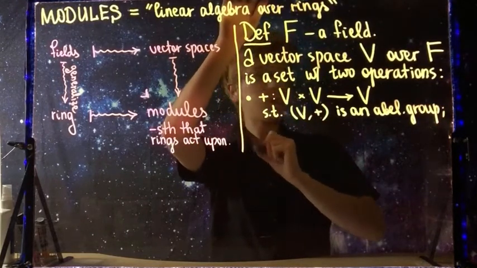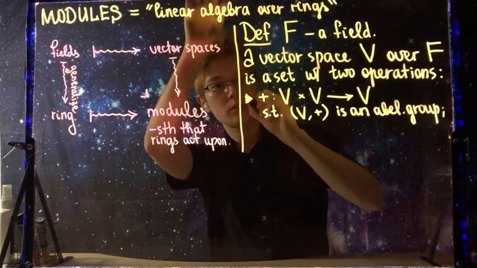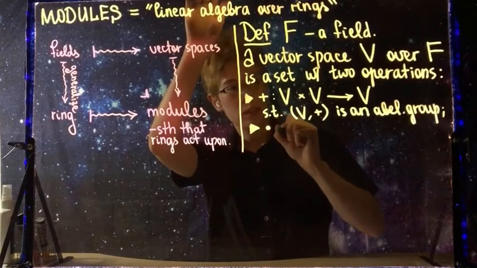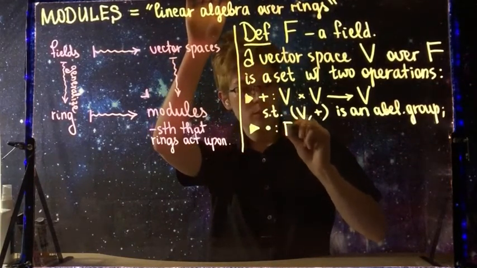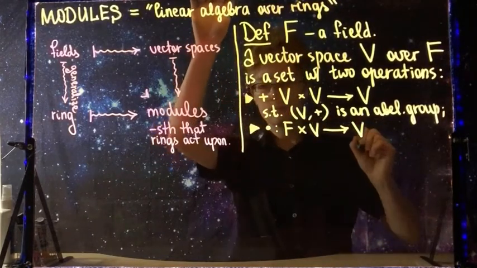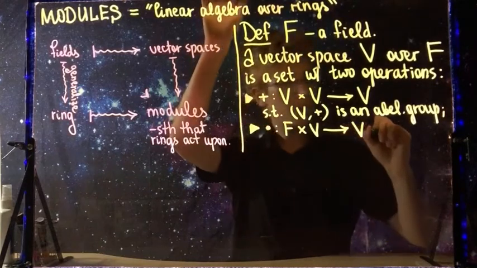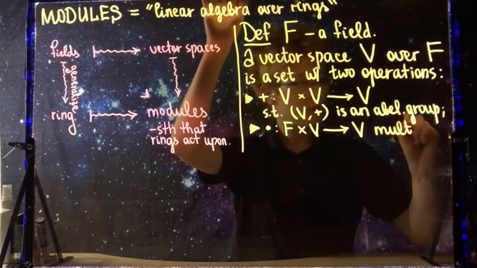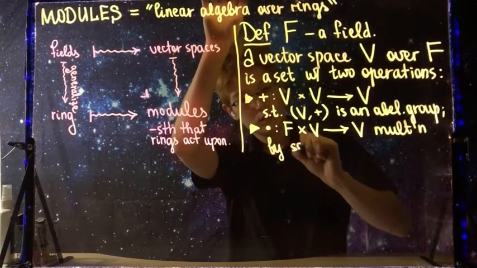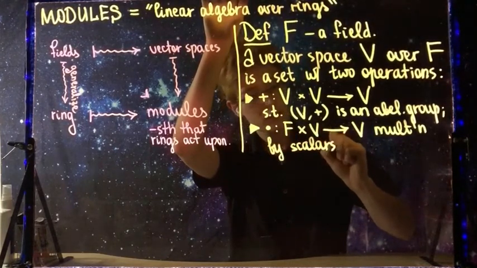And the second operation, so let me write a triangle here not to confuse it with dot. The second operation is multiplication by a scalar, f times v goes to v. Multiplication by scalars.